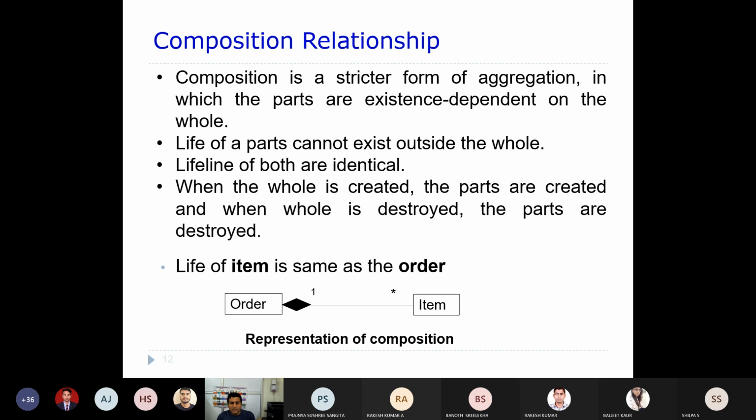If the item is removed from the order, the order will be cancelled. If items are added, then there is an order. That means the lifeline of order and item is the same. Then we say those classes hold a composition relationship.